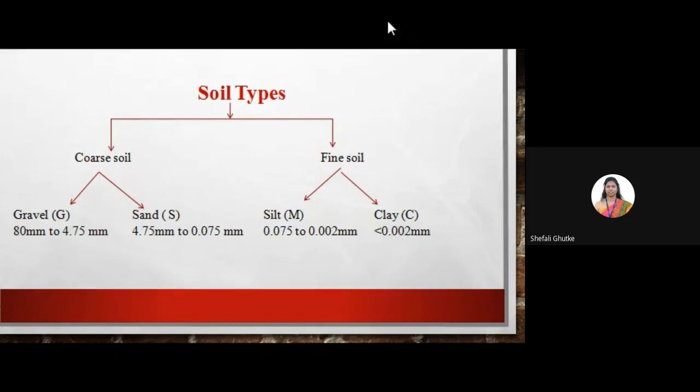When the particle size is between 0.05 mm to 0.002 mm, it is considered as silt. After that, if the particle size is less than 0.002 mm, then the soil is considered as clay, okay, which is represented as C.